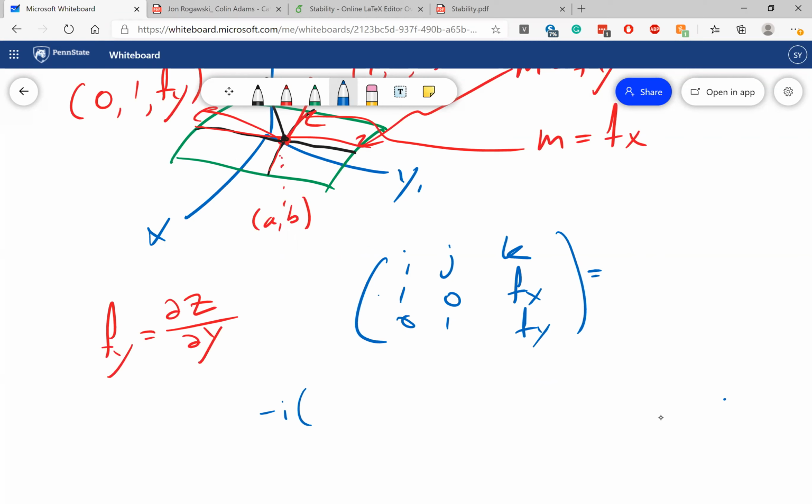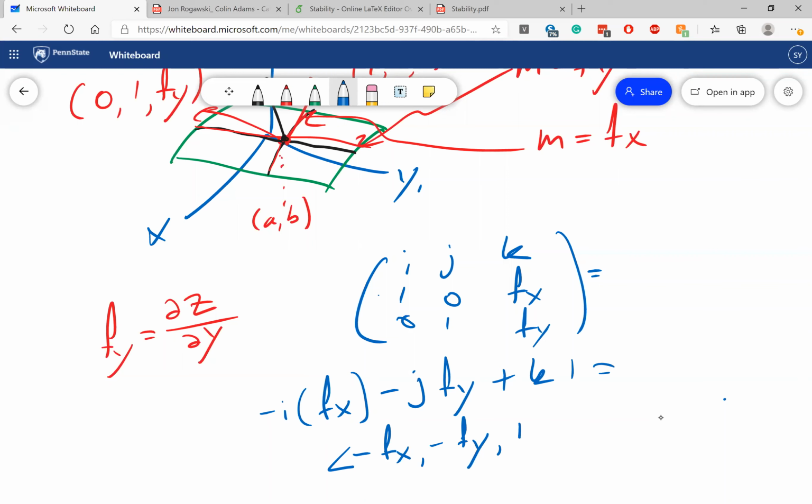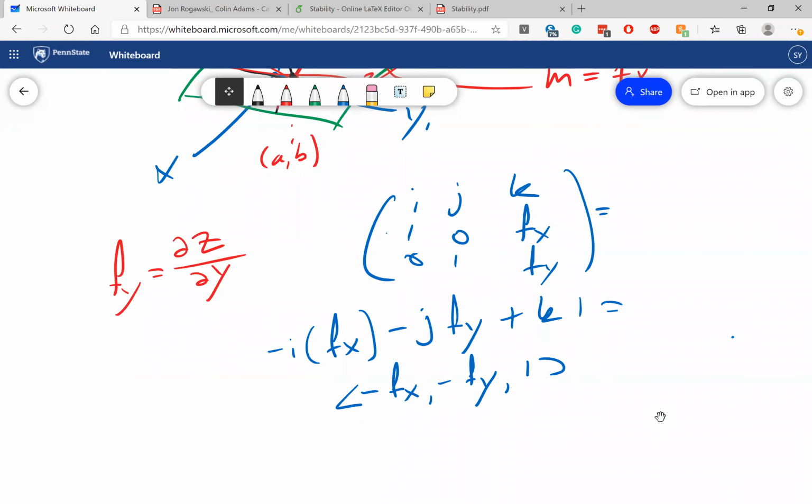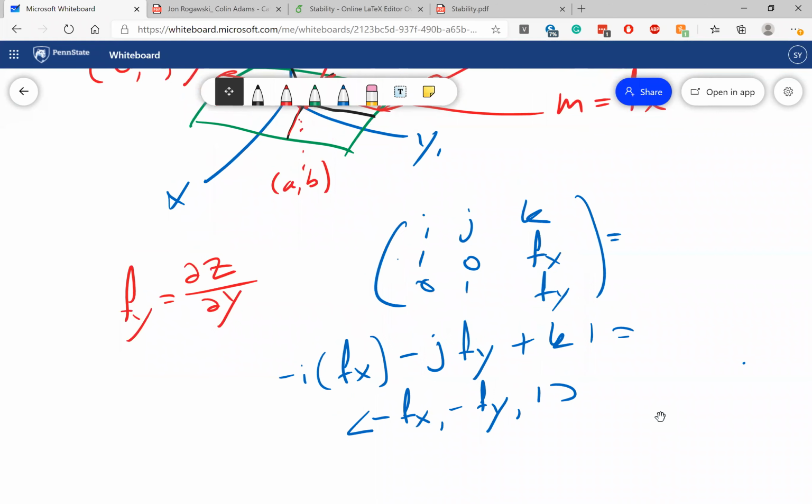So that would be minus f of x, minus j f of y, plus k times 1, which would give us the vector negative f with respect to x, negative f with respect to y, and 1. Okay, so now we just need to dot it with this point in order to get our tangent plane.